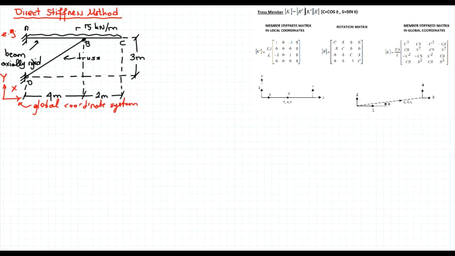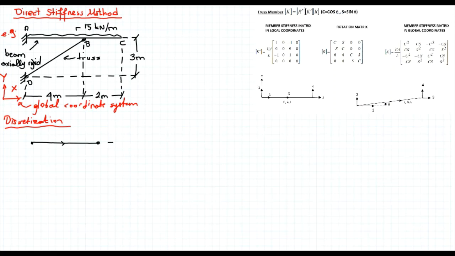Now I can do the discretization. I will not draw the cantilever, let's assume that we already handled that. So this is the first member, the beam member. This is the start node, then this will be the end node.